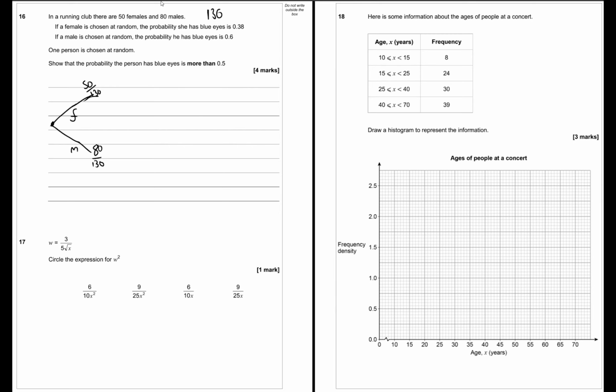Okay, so if we've chosen the female, what then is the probability of her having blue eyes? Let's put a B for blue, NB for not blue. It says the probability she has blue eyes is 0.38, so we can put 0.38 here, and then the probability of her not having blue eyes is going to be 1 minus 0.38, so that's going to be 0.62.